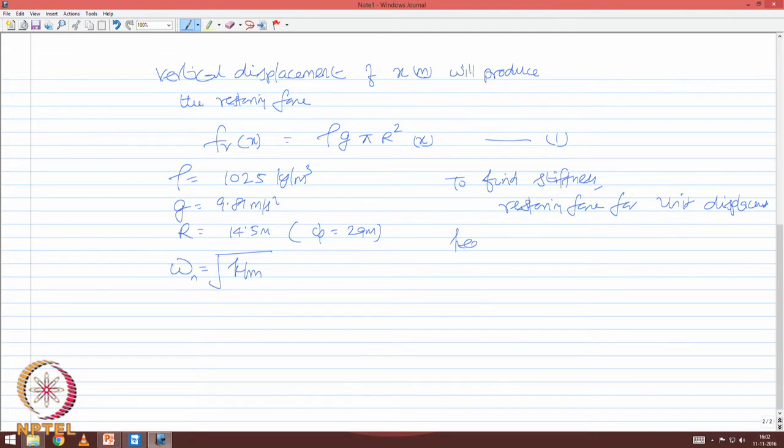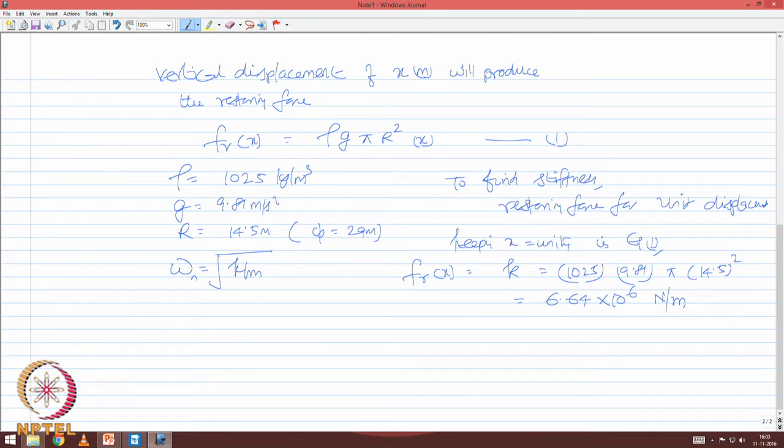So, keeping x as unity in equation 1, I can now call the restoring force actually a stiffness, which is equal to 1025 into 9.81 into pi into 14.5 square, which gives me 6.64 into 10 power 6 Newton per meter.